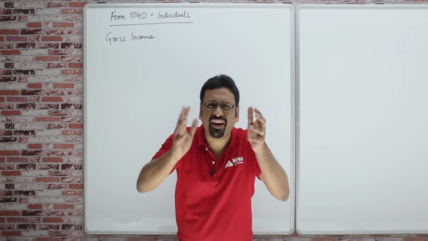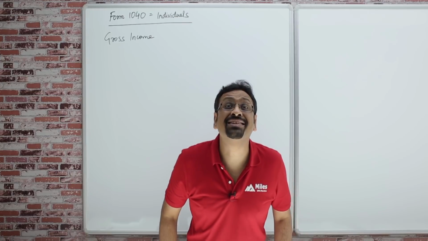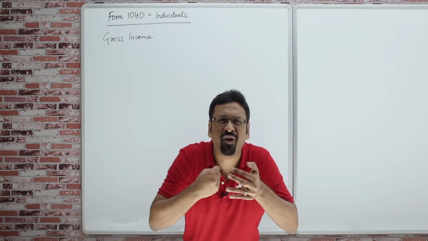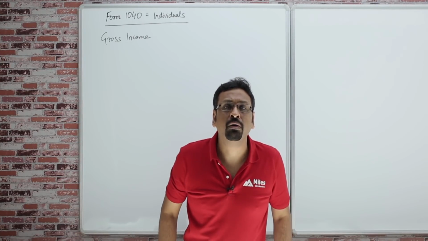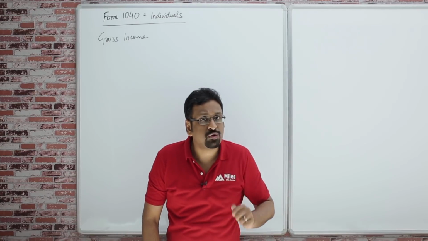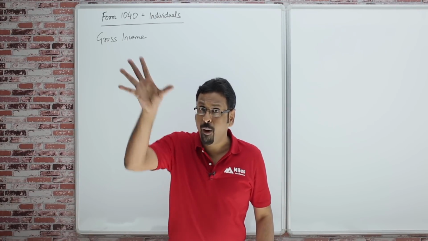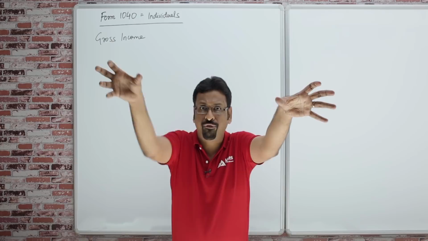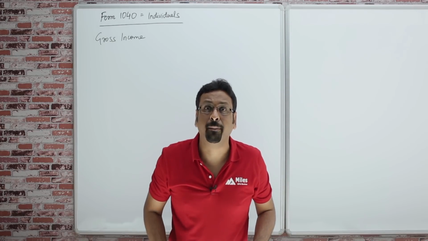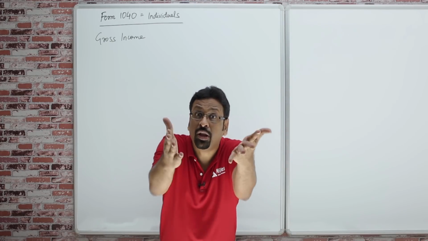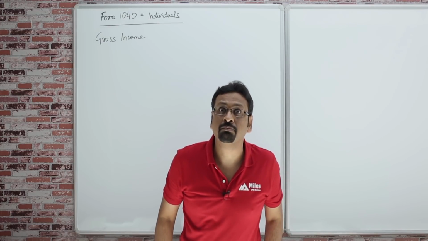Let's say your salary, your business income, money that you've been working really hard for. Or did you smartly invest your money in bonds and stocks? So from bonds, you get interest income. From stocks, you're now getting dividend income.